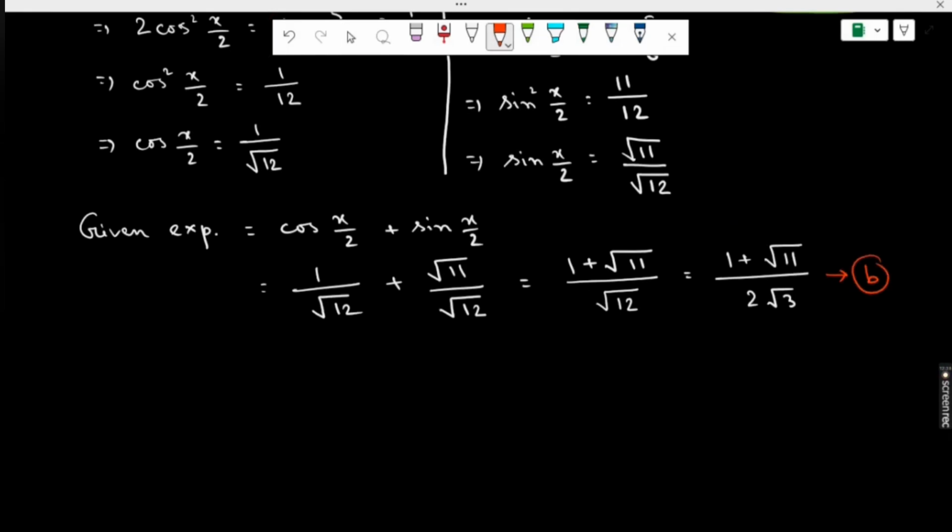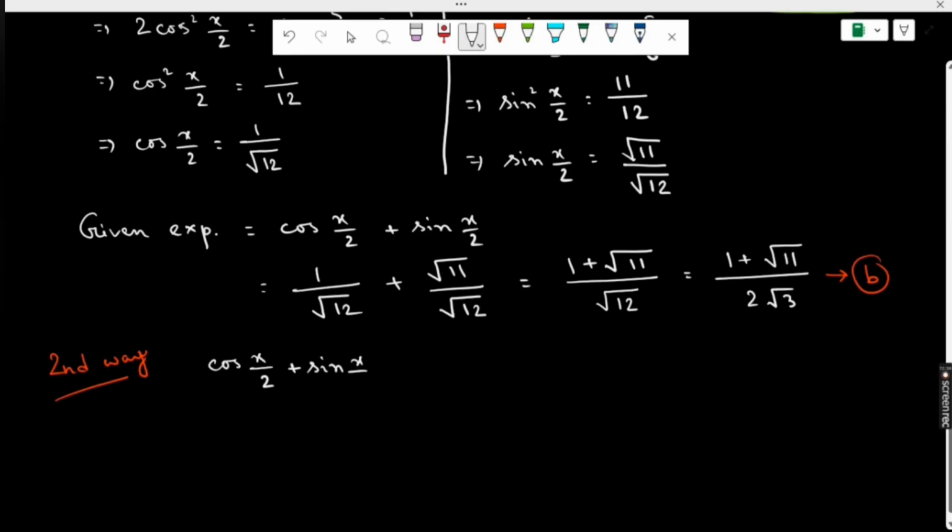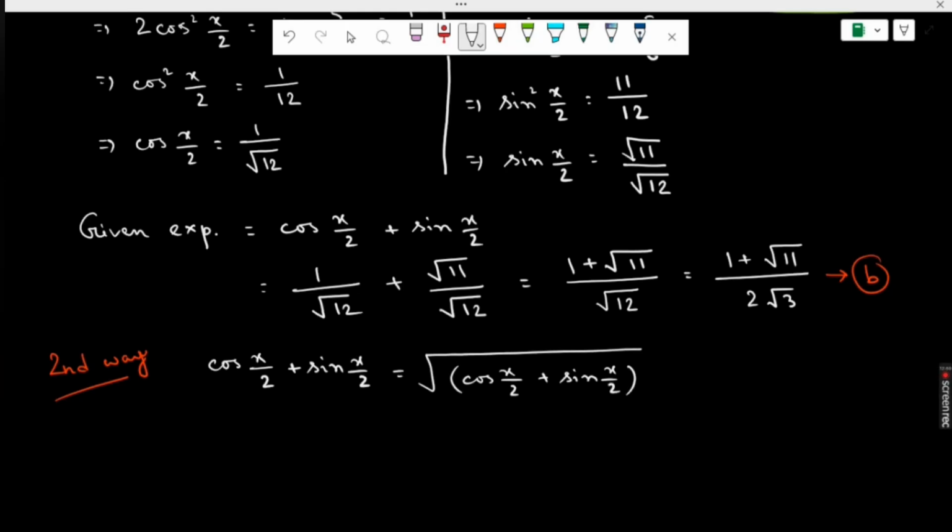And if you want to solve it in the second way, the given expression is cos x by 2 plus sin x by 2. We can write it as root over cos x by 2 plus sin x by 2, its whole square.